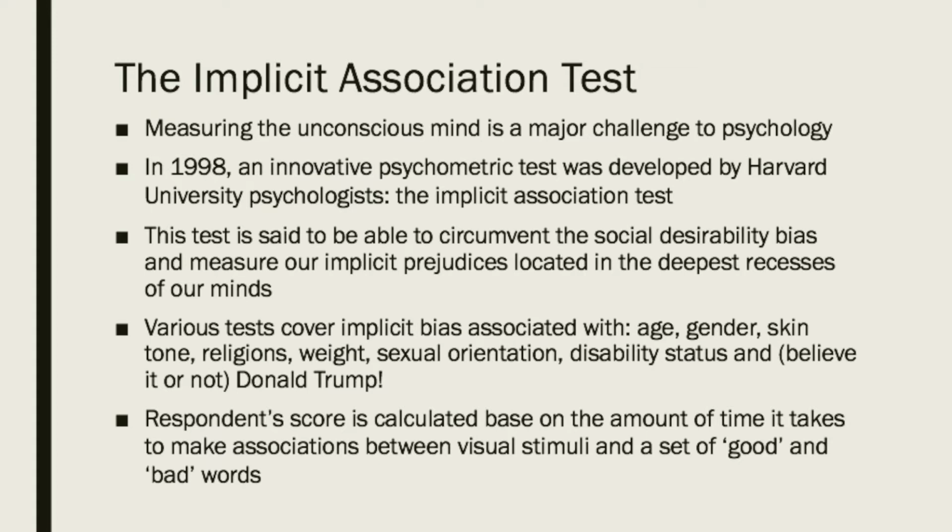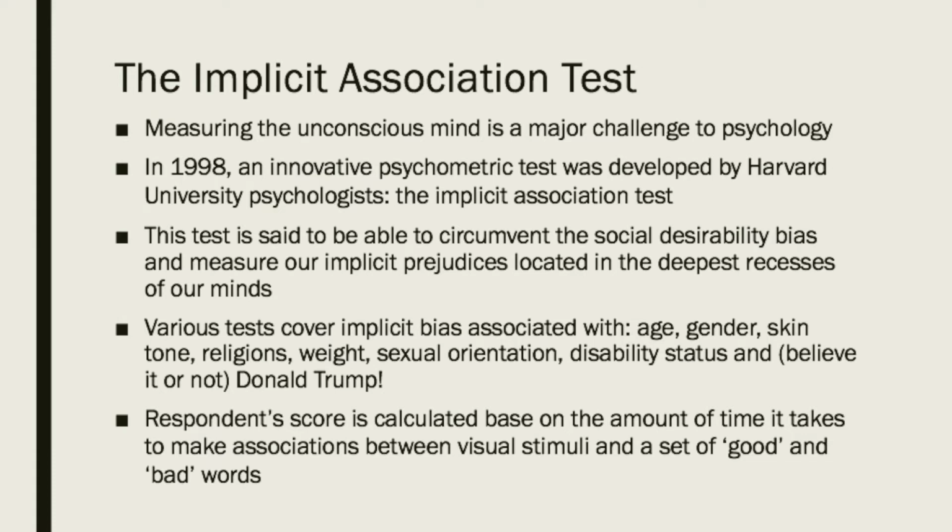Others claim to indicate an implicit preference for certain religions, body shapes, sexual orientations, etc. Believe it or not, there is even a test to determine whether you are implicitly prejudiced against Donald Trump. These tests are a bit hard to describe, but the way they work is that they calculate a score that is based on the amount of time it takes to make associations between visual stimuli, which are usually photographs, and a set of good and bad words.